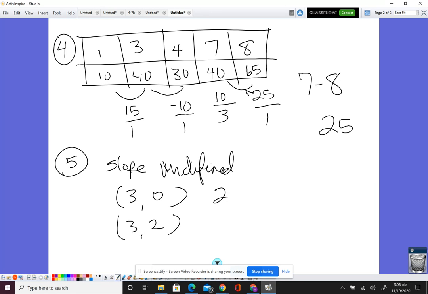Find your slope. Can't have division by 0, so it's undefined. What's the slope of a horizontal line going to be? 0. Okay, thank you.